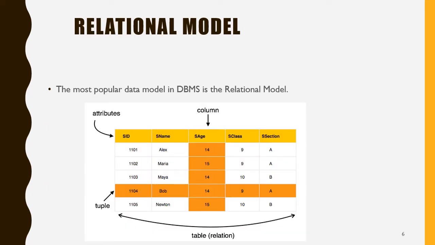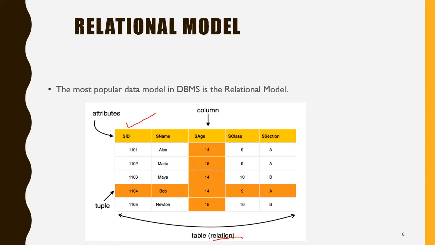This is an example of a representation of the relational data model. This is a table, which can also be called a relation. And this table contains multiple columns like SID, SNAME, SH, SClass and SSection. This is a table representing some student details.